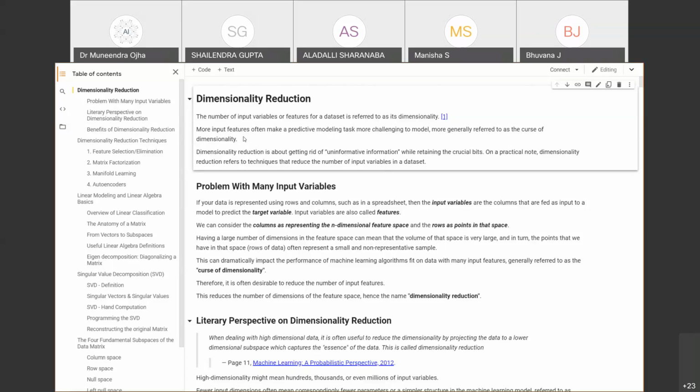So as you increase the dimension, you increase the space size, so you increase the complexity of finding the pattern in a bigger space.